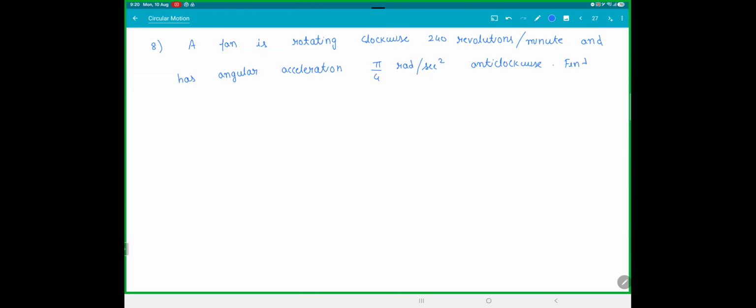Find the total angle rotated in 50 seconds.